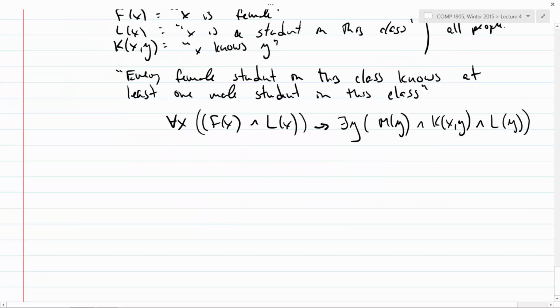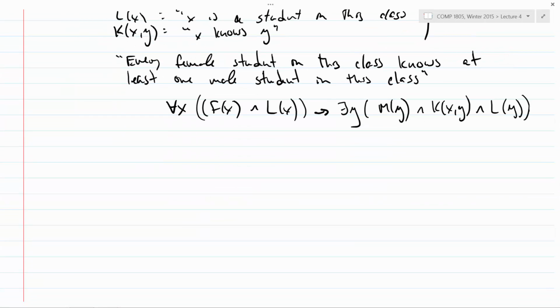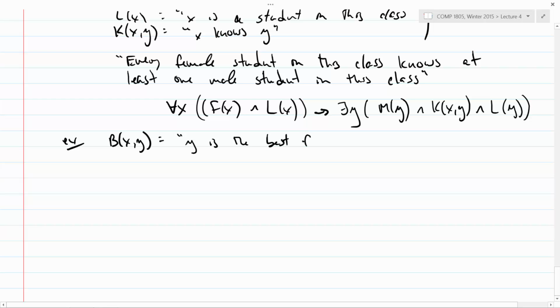All right. So let's move on. The next example I want to do is, again, the universe of discourse is all people. And I want V(x,y) to mean y is the best friend of x.